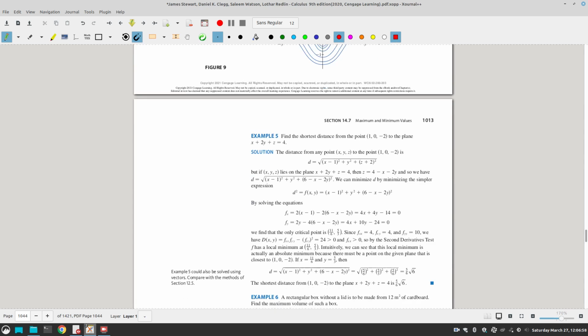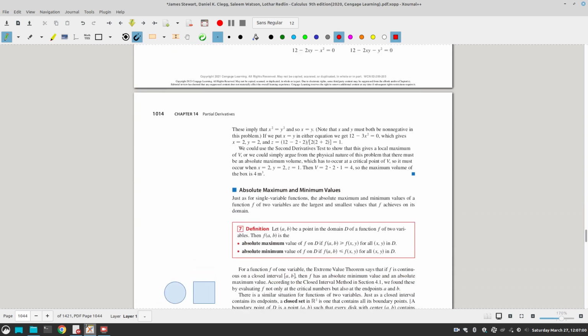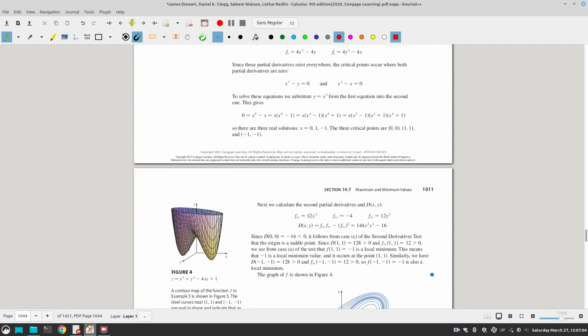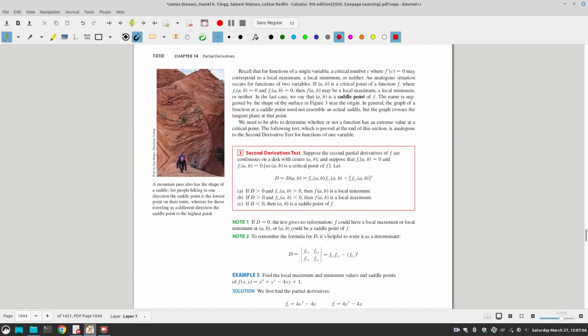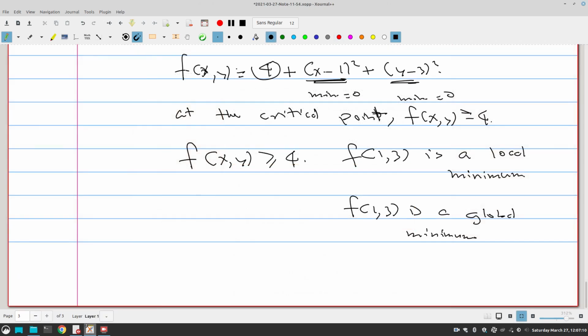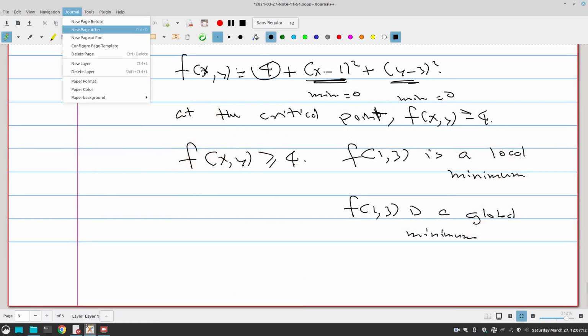It's named the second derivative test. So let's say at (a, b), I'm going to give you the proof of this during consultation, right? So let's say f_x(a, b) is 0, and f_y(a, b) is 0, right?